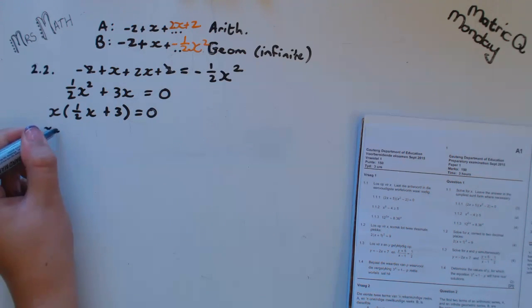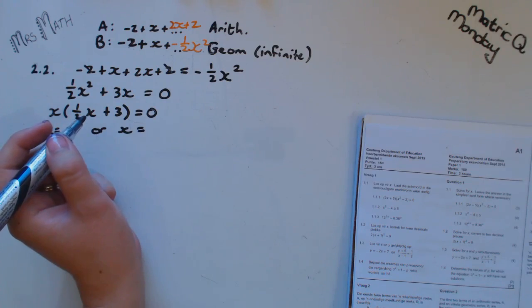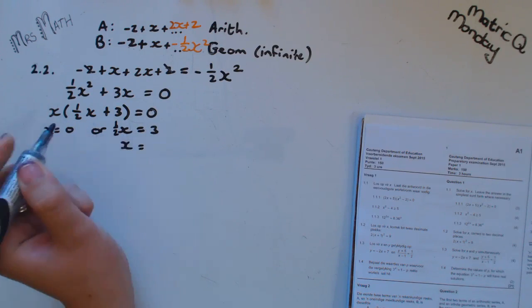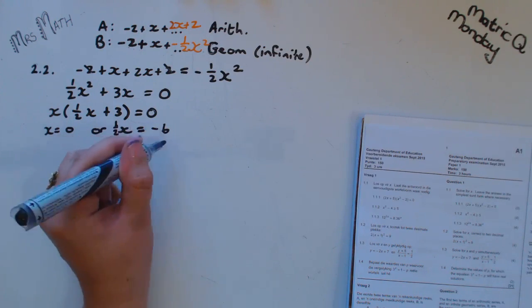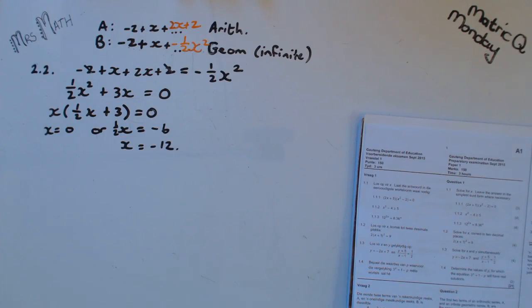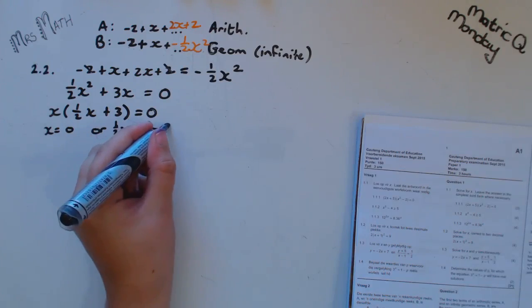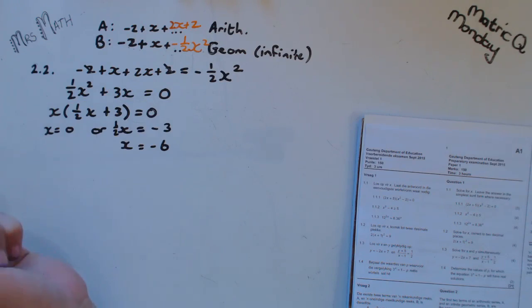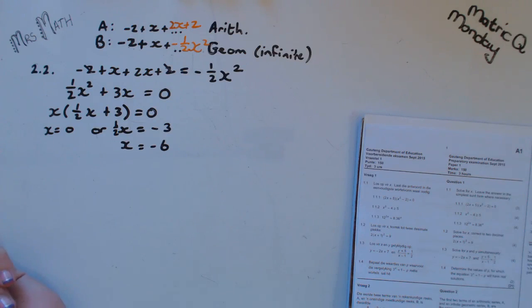And I've got x is equal to 0, or half x is equal to minus 3. I'm jumping ahead of myself. Half x is equal to minus 3, and then if I multiply by 2 on both sides, I get x is minus 6.